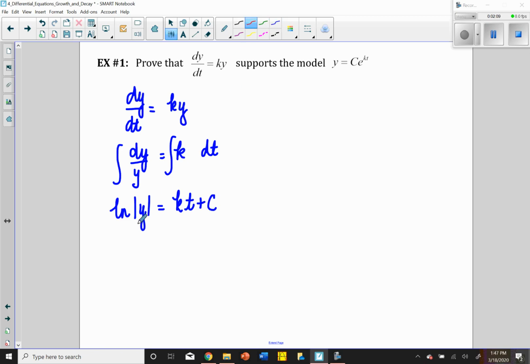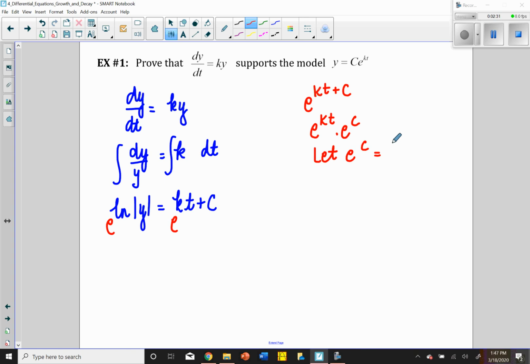Then exponentiating both sides, here's that same special case we had in a previous lesson. You can think of e to the kt plus c as e to the kt times e to the c, where we can allow e to the c to be a different constant.